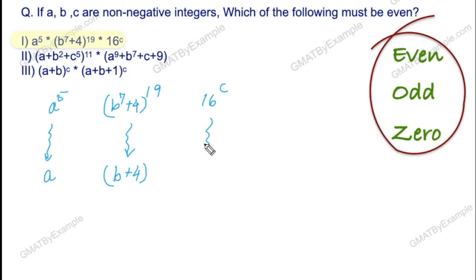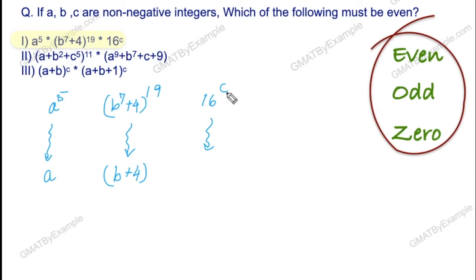Can we do the same thing on 16 to the power of c? Here the power is unknown, right? C is unknown. So c could be even or odd or 0. 0 is an even number, but still we keep it separate. If c were a non-zero even number, then 16 to the power of c is even. We are good there. If c were an odd number, then 16 to the power of c is even.